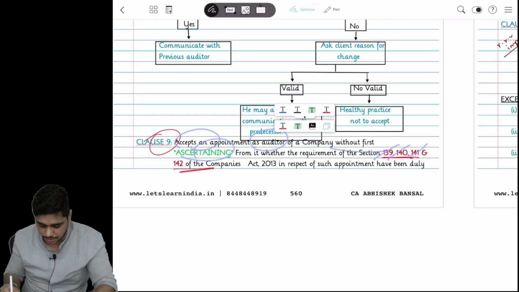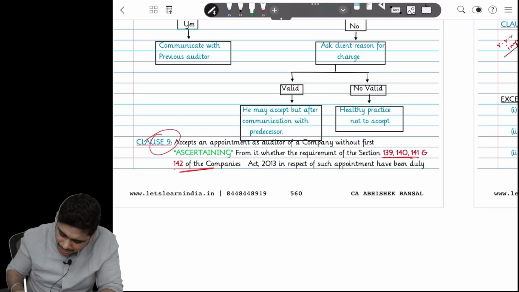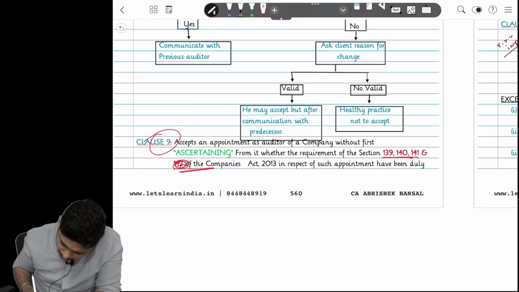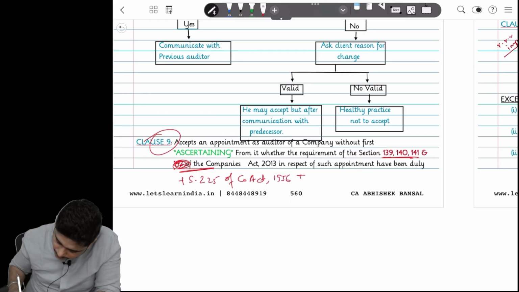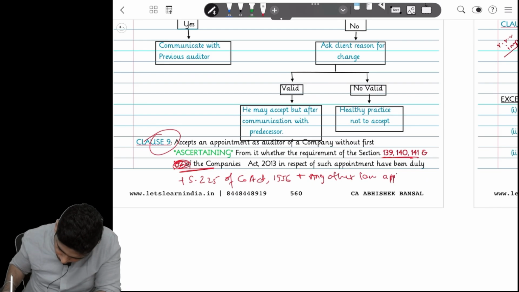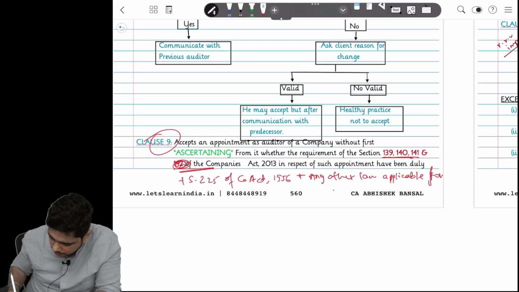Yes, you have already written that. Cancel 142. Ideally you have to comply, but they have not written it as 142 is remuneration. Plus section 225 of the Companies Act 1956, plus any other law applicable for appointment.